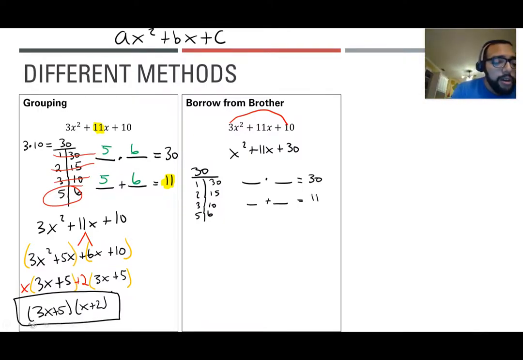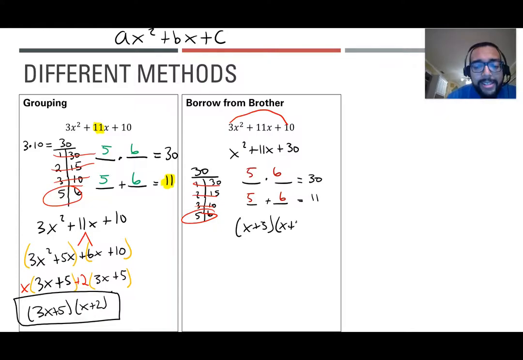So of those 4 pairs, the pair that's going to work best is 5 and 6. So 5 times 6 is 30 and 5 plus 6 is 11. So x squared plus 11x plus 30 is now x plus 5 and x plus 6. Yay!